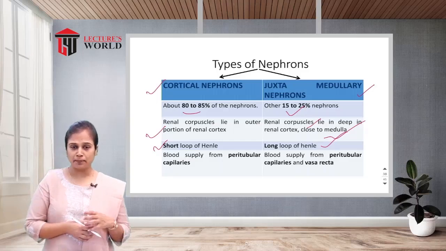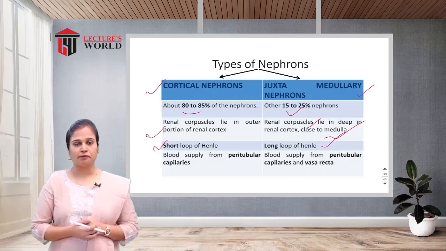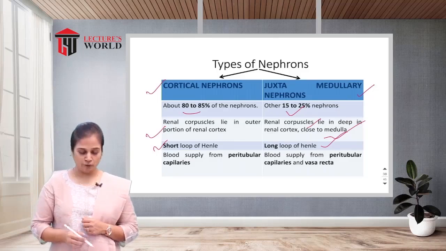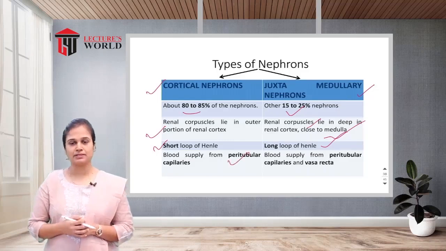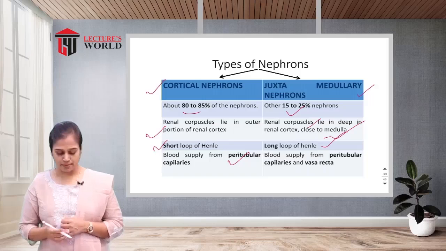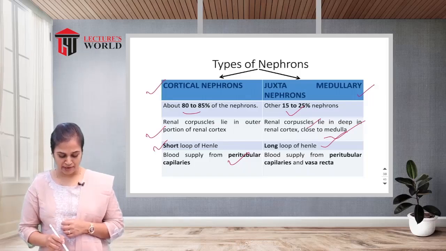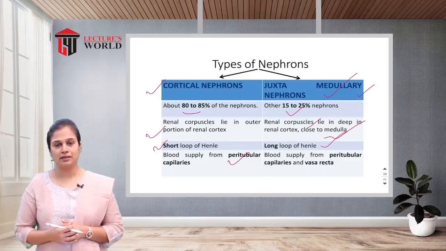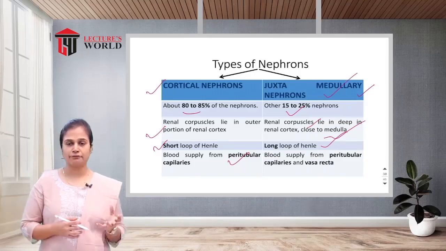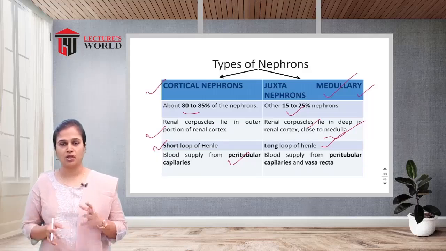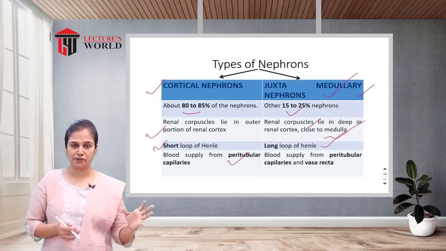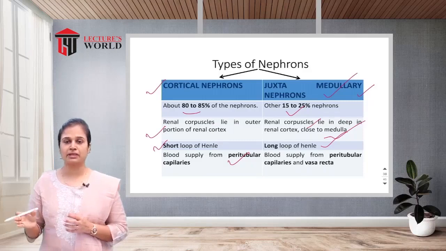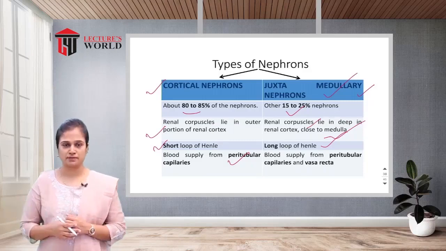Talking about the blood supply, cortical nephrons receive blood from the peritubular capillaries, and the vasa recta supplies the juxtamedullary nephrons. So cortical nephrons are 80 to 85%, whereas juxtamedullary nephrons are 15 to 25%.